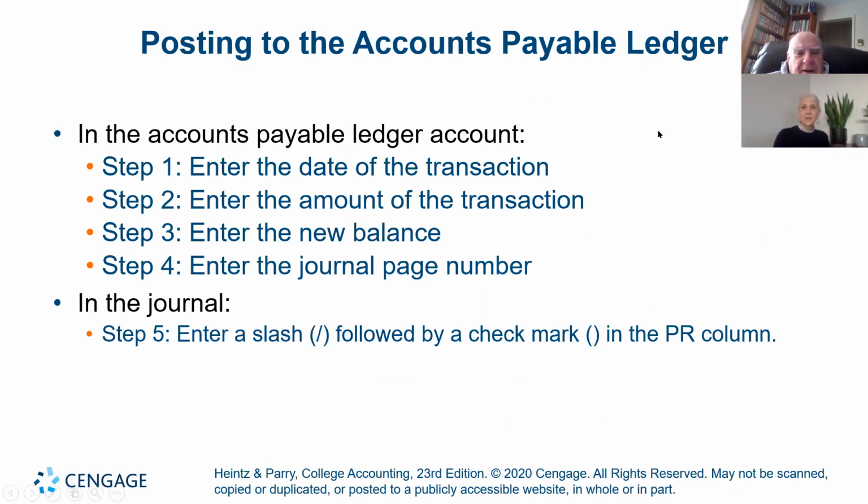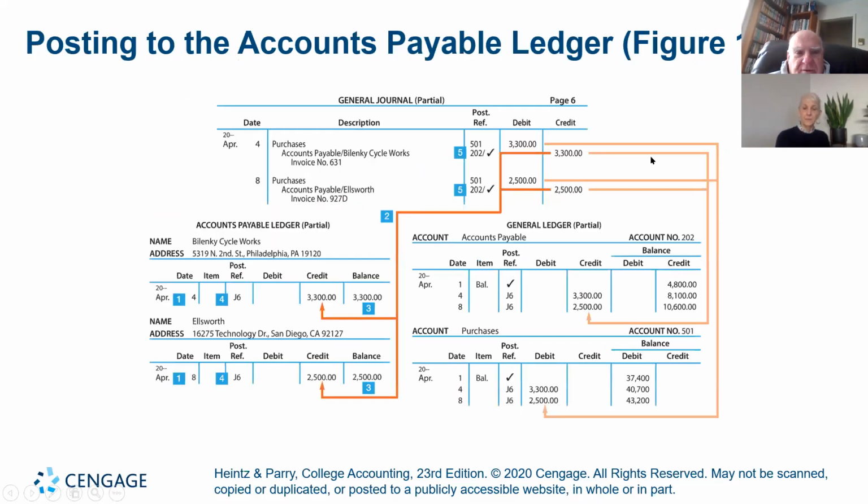So I don't think posting to the ledger is a problem, right? Posting to the accounts payable ledger. Well, we're going to have the same information. Enter a slash followed by a check mark. Let's see what that's about. Okay. Well, we just looked at the posting to the general ledger. We must post this as well to the subsidiary. So accounts payable, 4,800.